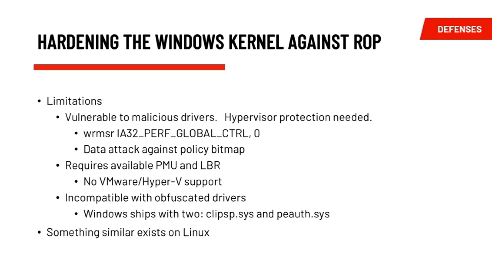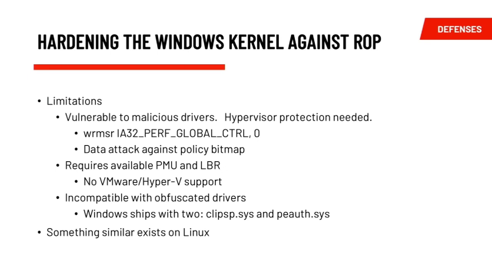The hypervisor could also prevent tampering of the MSRs that control the performance monitoring unit as well as the last branch record mechanism. Another issue is that in order to performantly and accurately determine control flow, we need both the PMU and the LBR. This means that if this system is running inside of a hypervisor, the hypervisor needs to make both of those CPU functions available to us.